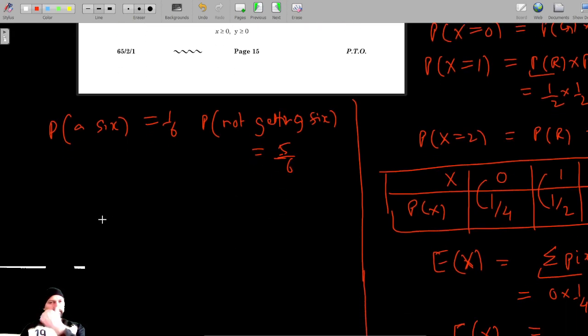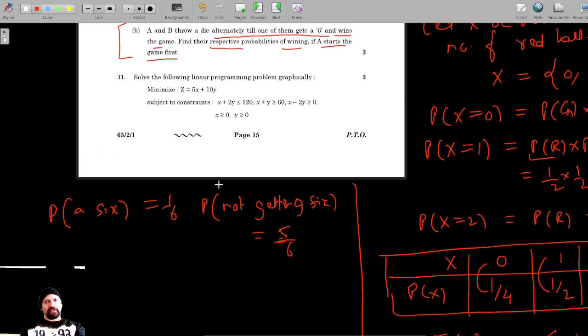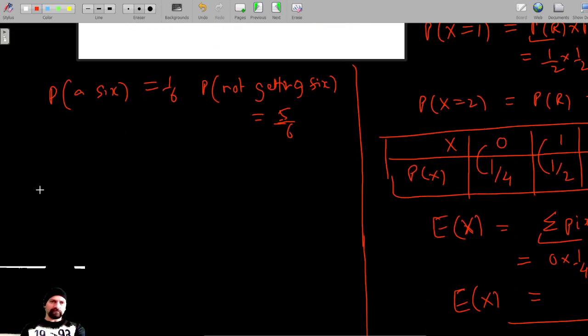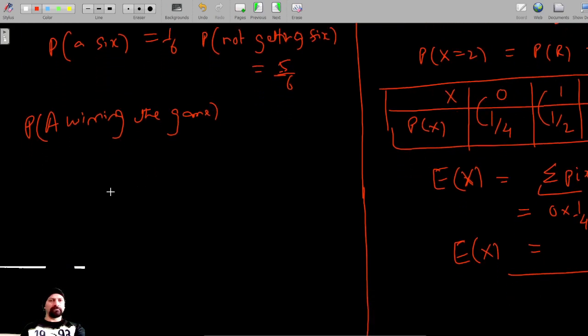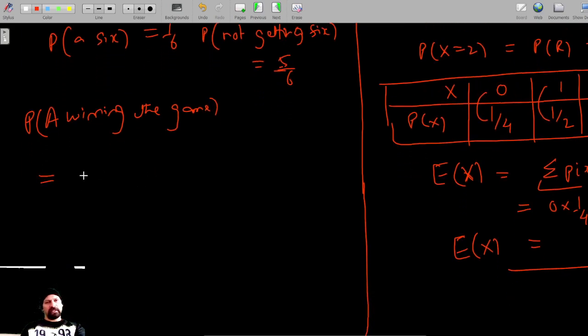Now, let's say it's given that A starts the game. So the probability of A winning the game: it's possible that A throws a die and on the first throw he gets a 6, so he wins. So the probability of A winning the game is the probability of A getting the 6, that is 1 by 6.